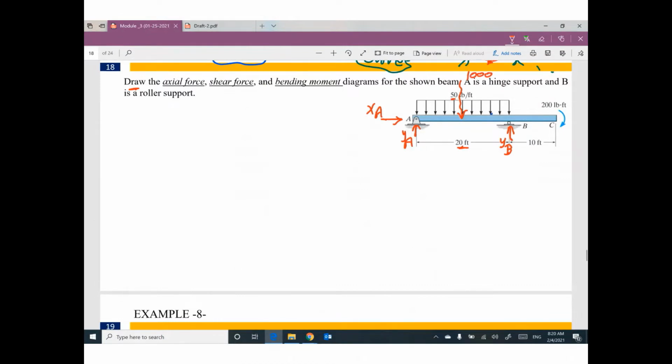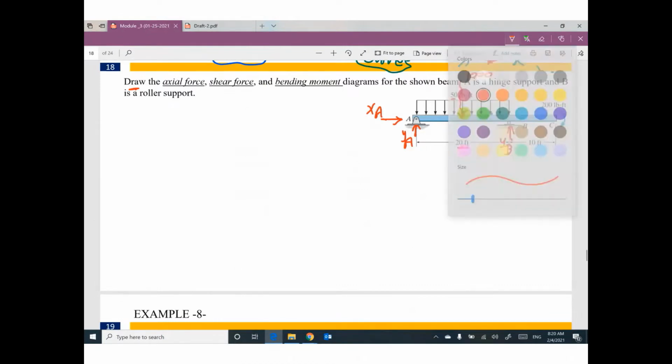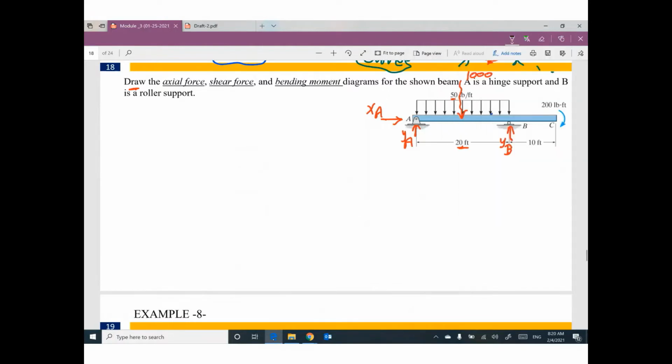First step for this type of problem, we need to figure out the reactions. We have three equilibrium equations. Summation Fx equals 0, so XA equals 0.